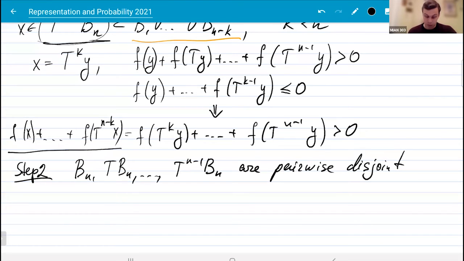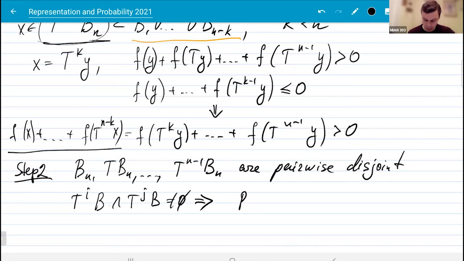So why is it so? It is because if two of them intersect, then we can shift one of them to the bottom.